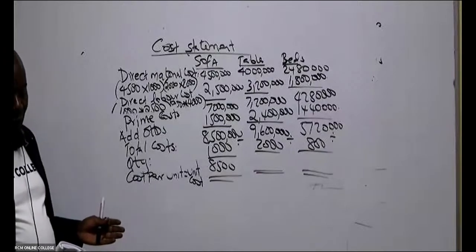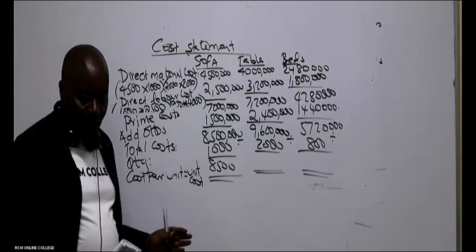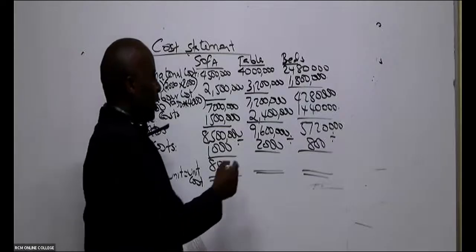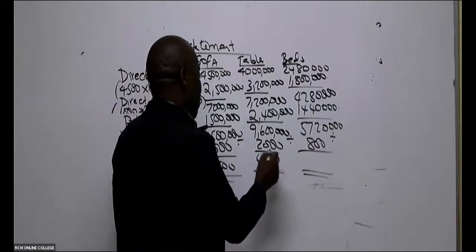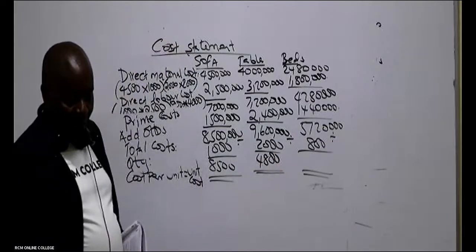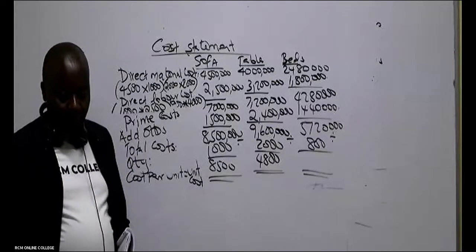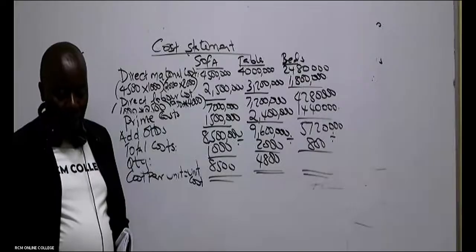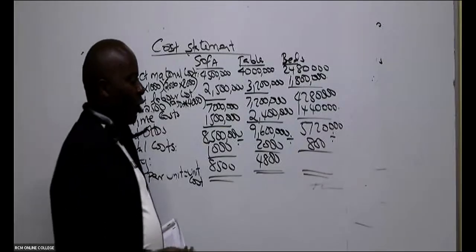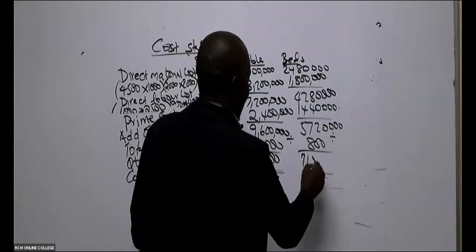Cynthia tells me that the table is 4,008. And then in this case, we have a bed of 7,150.